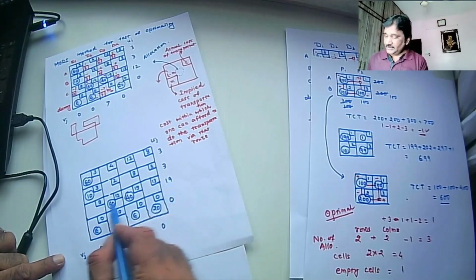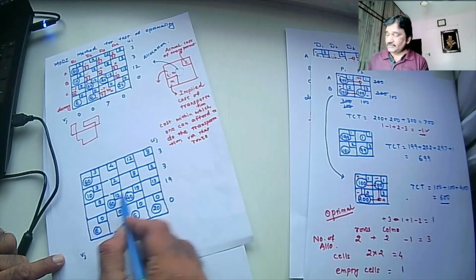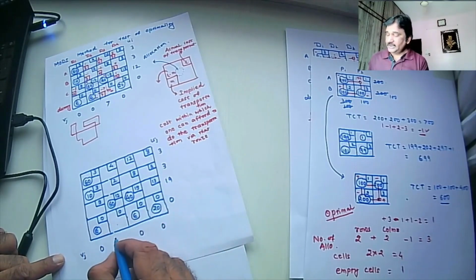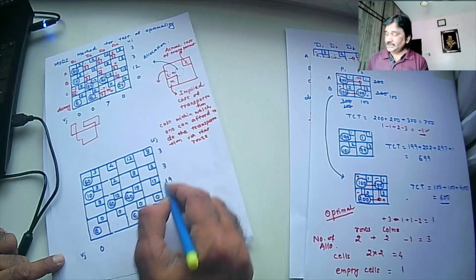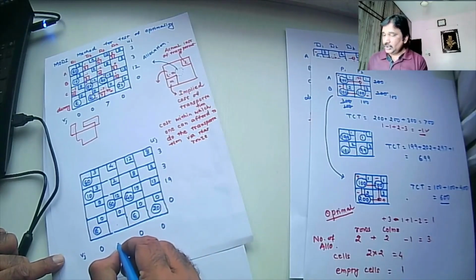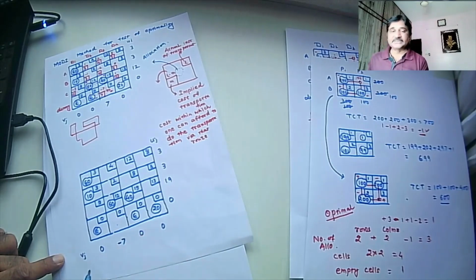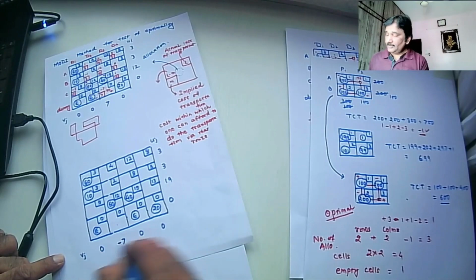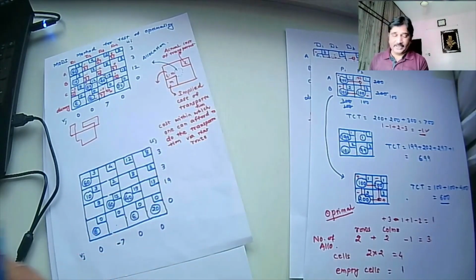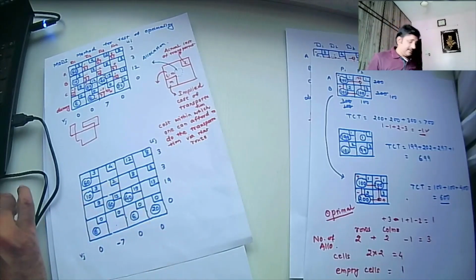Now from here you will be going to allocated cells: 12 minus 19, inner number minus outer number gets you the outer number, 12 minus 19, minus 7. Now from these numbers you once again find out the numbers for the empty cells.